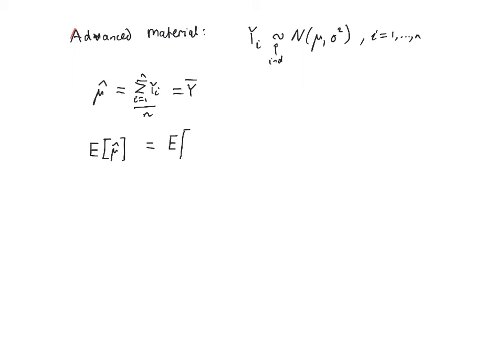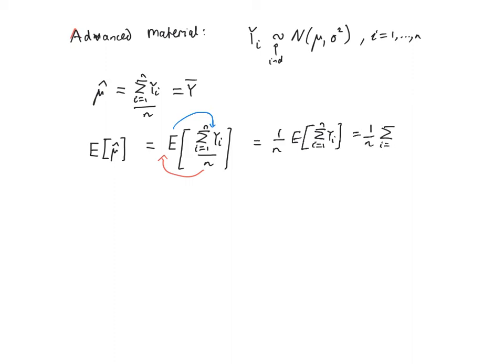That's the expected value of the sum from i equals 1 to n of yi over n. And expectation is very similar to differentiation. A constant can be pulled out, and the operator itself can be pulled in. So we end up here, I'll do it in two steps, as 1 over n times the expected value of the sum from i equals 1 to n of yi, which is equal to 1 over n times the sum from i equals 1 to n of the expected value of yi.